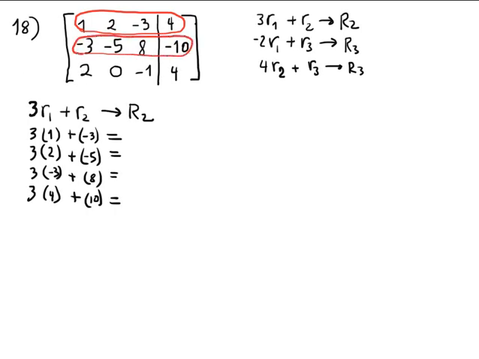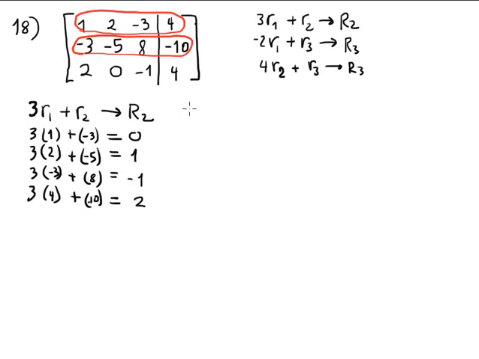Okay. Now let's do the operation. The operation is 0; this is 6 minus 5 is 1; this is negative 9 plus 8 is negative 1; and this is 12, minus 10 is 2.